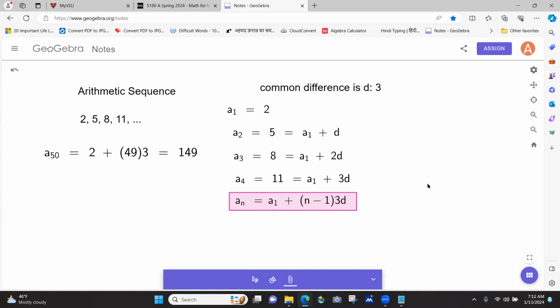All right. Now, we're going to talk about geometric sequence. All right.